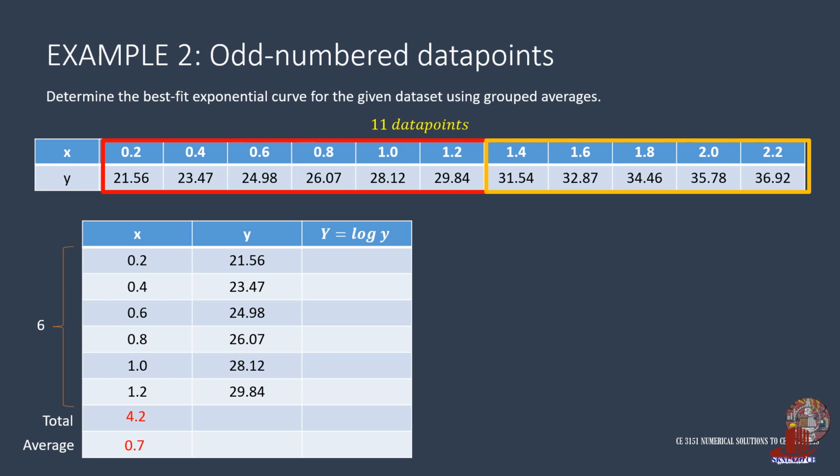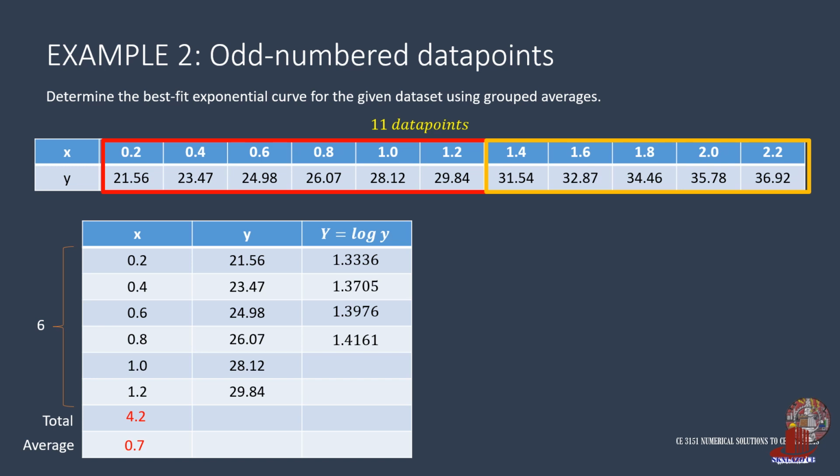Now let's solve for capital Y, which is the same as the logarithm of y. For y of 21.56, the logarithm is 1.3336. For 23.47, capital Y is 1.3705. Then the logarithm of 24.98 is 1.3976. The log of 26.07 is 1.4161.